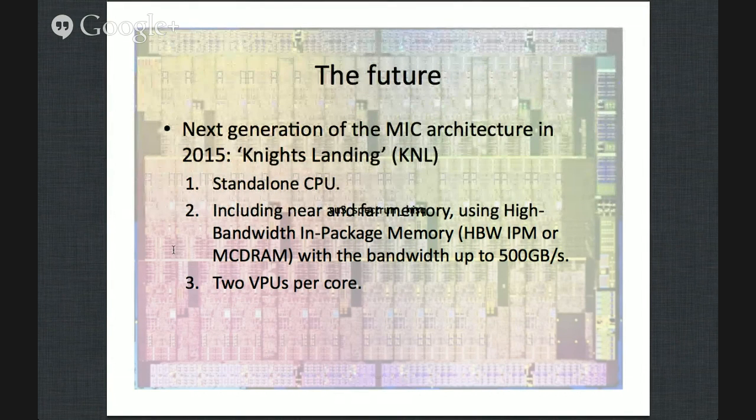Compared to the current Intel MIC architecture, this one is a standalone CPU, so it can be used as a processor alone. You don't have to connect it to an Intel processor. It also includes near and far memory, and for the near memory it uses high bandwidth in-package memory, so the bandwidth might go up to 500 gigabytes per second.